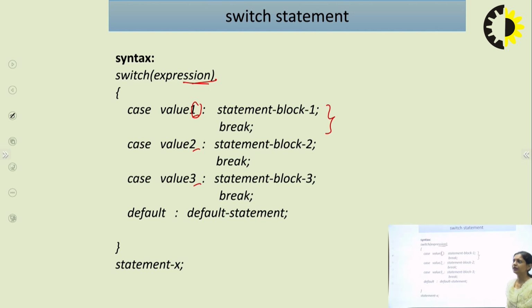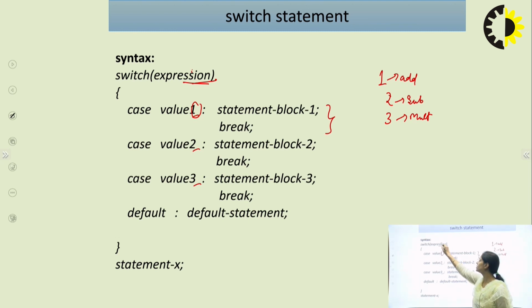For example, if we tell the user, press 1 if you want to add two numbers, press 2 if you want to subtract two numbers, press 3 to show the multiplication. In that case, we'll check for the user's choice here and we'll see whether the user has pressed 1, 2 or 3. Suppose we store this value in a variable ch.